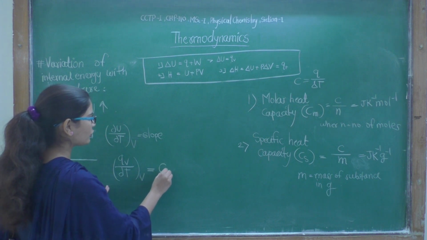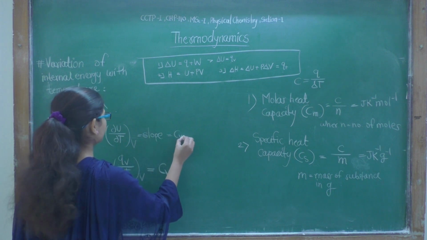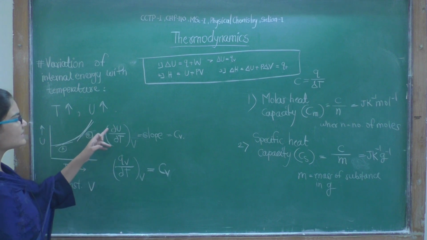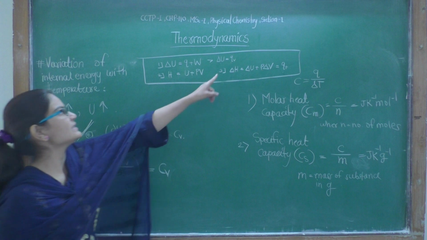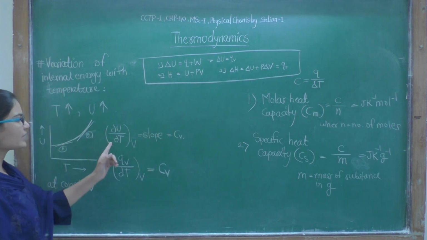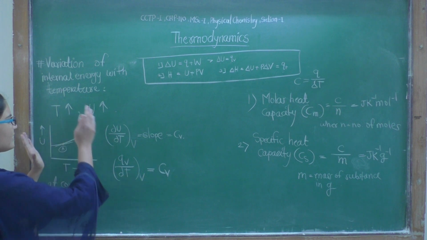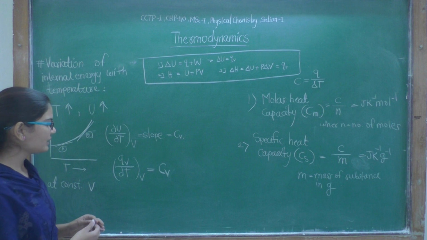Heat capacity at constant volume is CV. Therefore, this and this are equal, because delta U at constant volume is nothing but QV, as we see here. So it is heat capacity at constant volume. The slope of this graph will give us the value of heat capacity at constant volume. That's it.